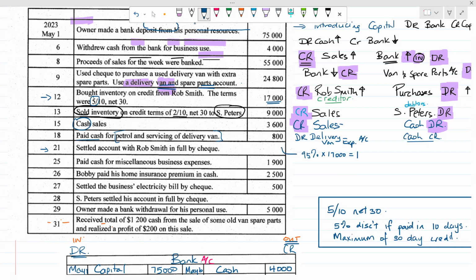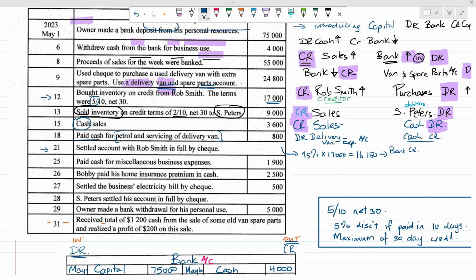So for this transaction, where we settle this guy, we are actually paying him 16,150, right? And the difference is our discount received. So this is the amount paid. We have three things going on here. We're paying this by bank, so we have to credit this.